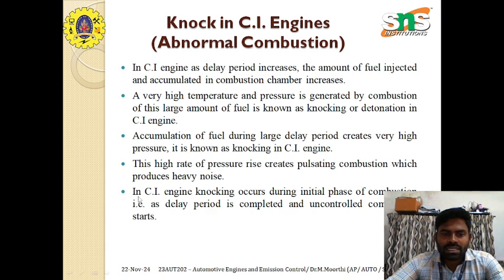In a CI engine, knocking occurs during the initial phase of combustion, that is, as the delay period is completed and uncontrolled combustion begins. During uncontrolled combustion, the fuel accumulated in the combustion chamber during the delay period starts to ignite and burn. During this phase it creates noise inside the combustion chamber, so it creates a knock or detonation.